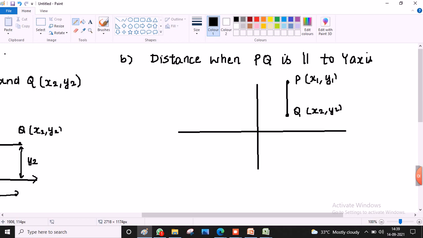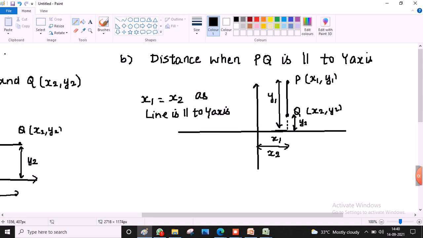So x1 y1 means this is x1 and this whole is y1, and x2 y2 means again horizontal distance is x2 and vertical distance is y2. Very clearly, when the line is parallel to the y-axis, the horizontal distances are the same in both cases. So x1 is equal to x2 as the line is parallel to the y-axis.